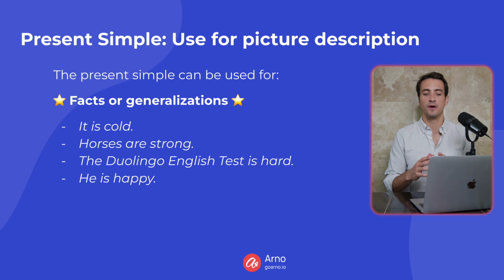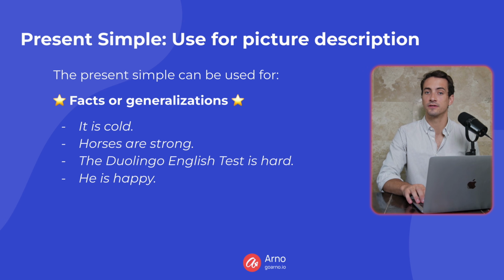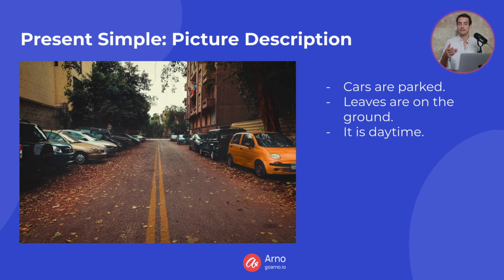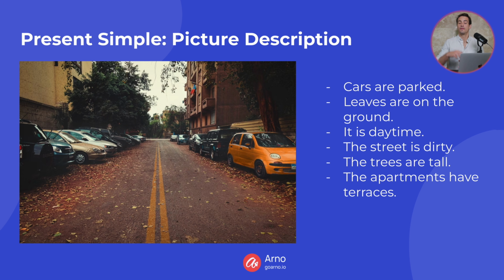Okay, so let's look now at an example of how you use the present simple for picture description. To describe this image here are all the things that I could say, and all of them are in the present simple. Cars are parked. Leaves are on the ground. It is daytime. The street is dirty. The trees are tall. The apartments have terraces.